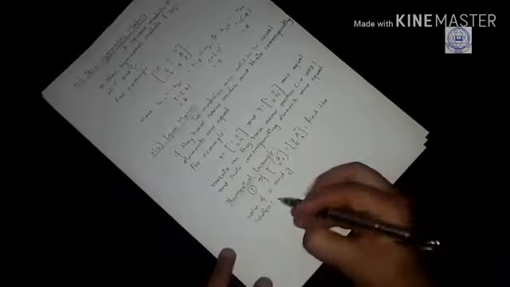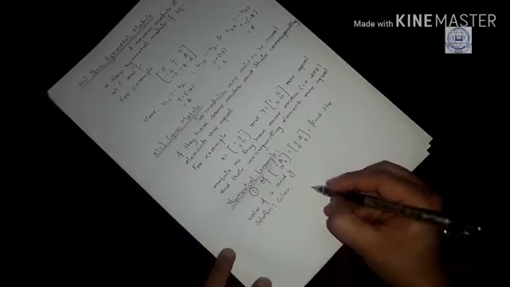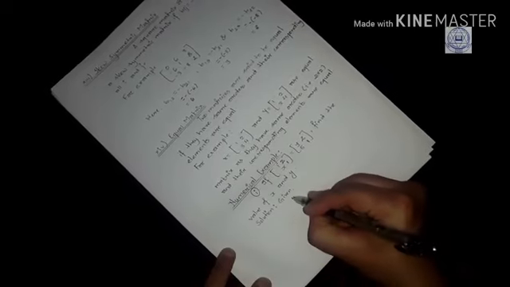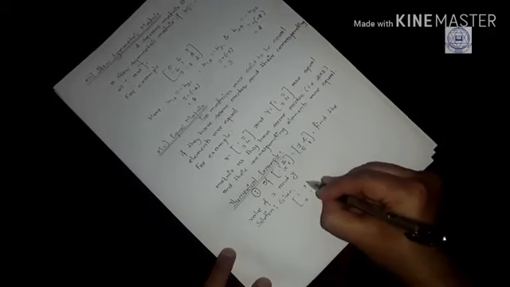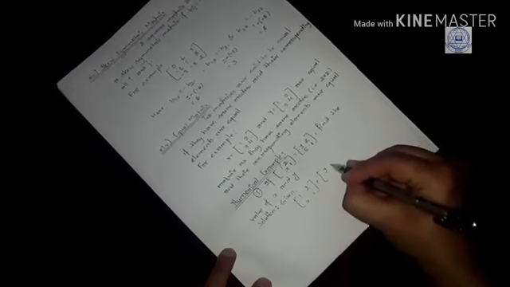So how are the questions asked? One example is given here. If this matrix is equal to this matrix, find the value of x and y. So it is given that there are two equal matrices.